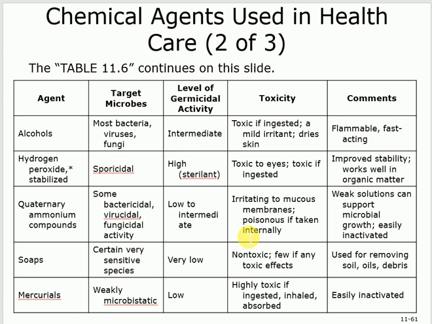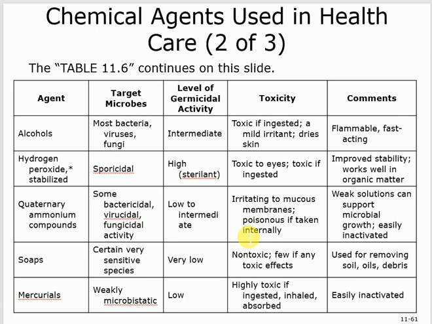Other examples, alcohol, it's intermediate. Hydrogen peroxide, this is high, and it can sterilize. Did you use hydrogen peroxide before? You can get it from the pharmacy. Did you use it before? You put it on, it gives you these bubbles and stuff.